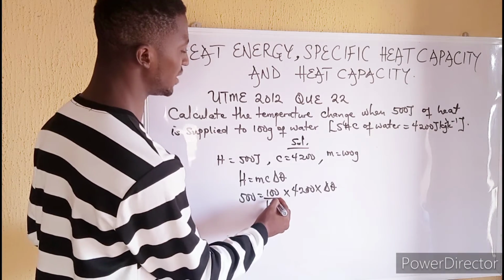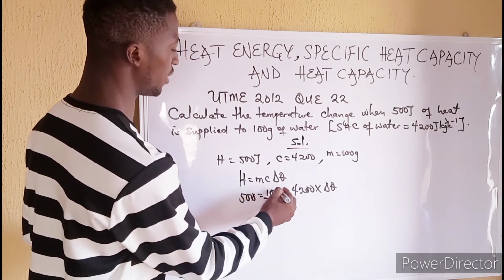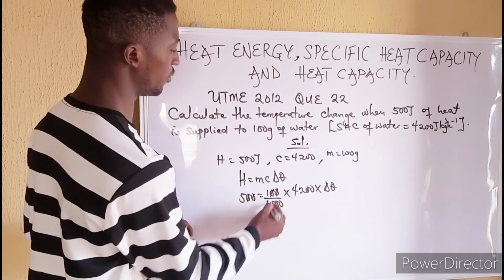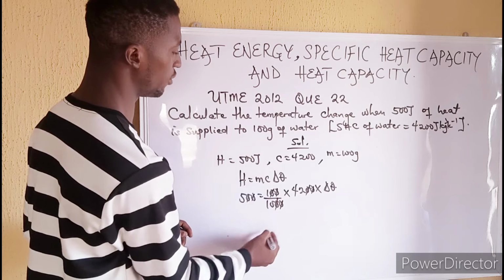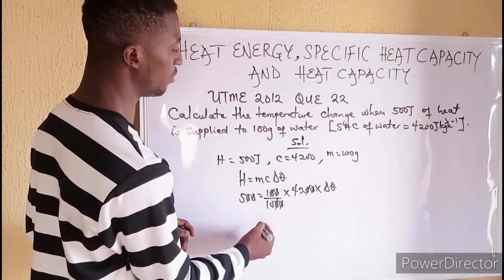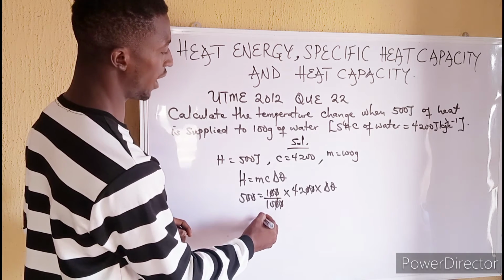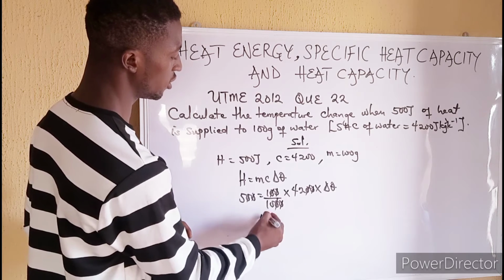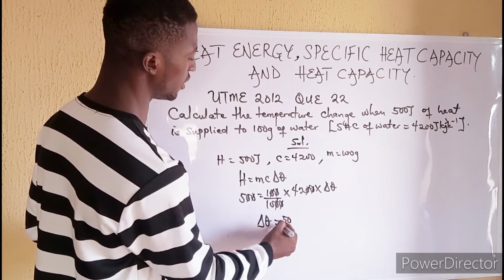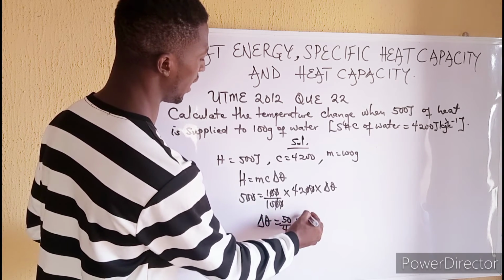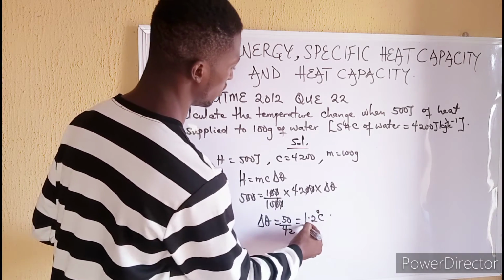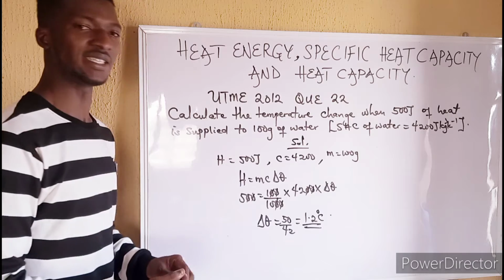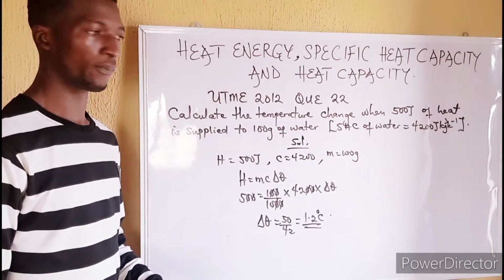From here, the zeros cancel out, so our temperature change is equal to 50 over 42, and that gives us 1.2 degrees Celsius. So this is our answer to this question.